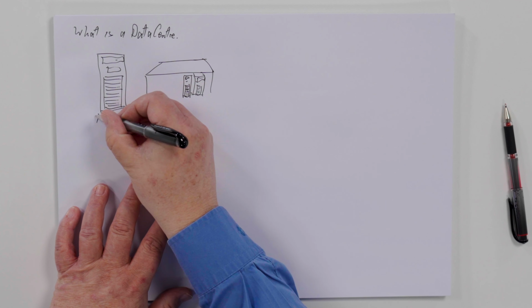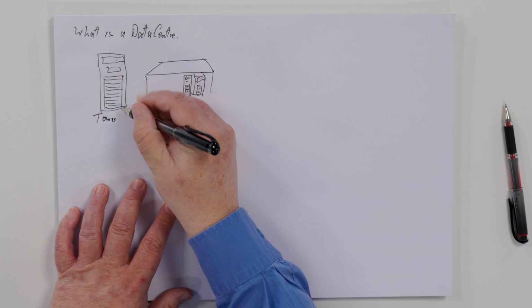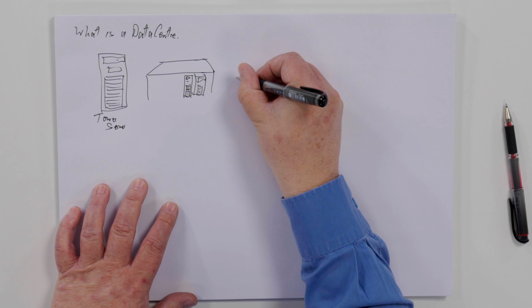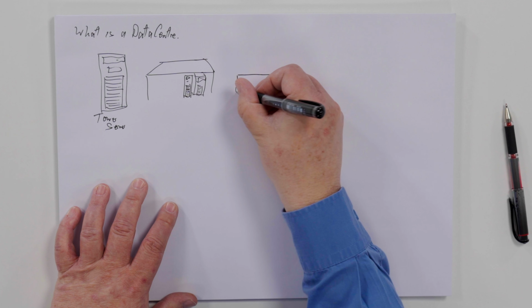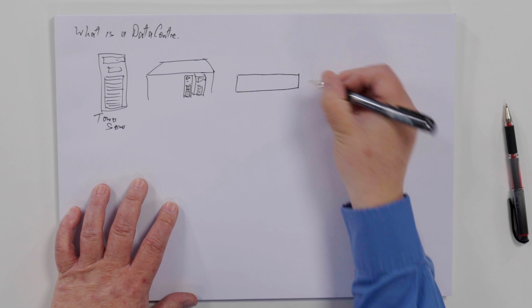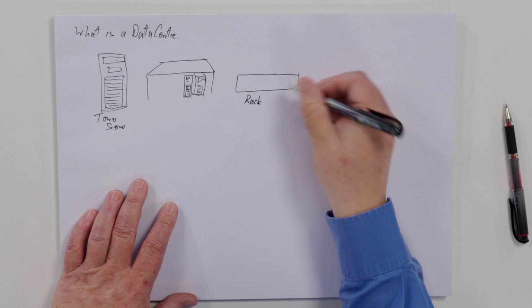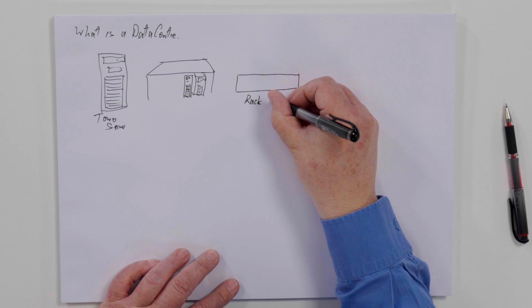So we've now moved from a tower-based server, and we move over to a rack-based server. And a rack-based server is exactly what it says. It is a server designed to sit in a rack.